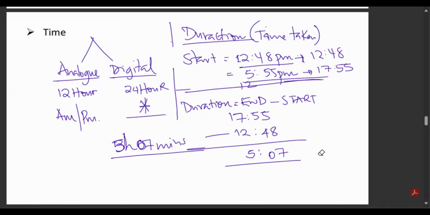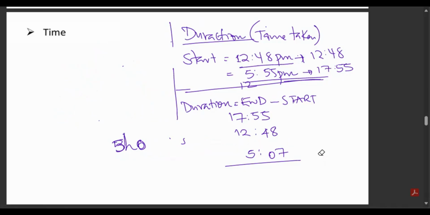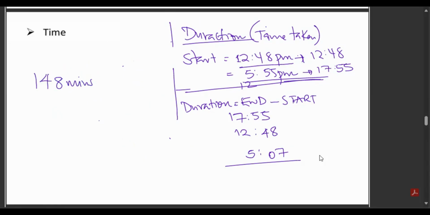Okay. Another thing that you would expect to see on time is to convert, especially between minutes and hours. How do we do that? You still use the same key. Let me show you. If someone told you they spent 148 minutes, you want this to become hours and minutes.